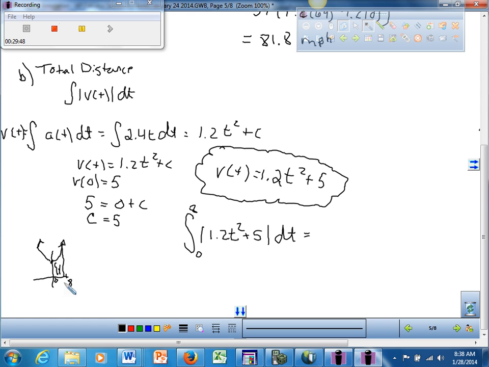You see that? Okay. So if we had a case where it went like this, and I want total distance traveled, I want to count this distance right here as a positive. Let's call that A, let's call this B, and this C. So I would do the integral from A to B, minus the integral from B to C to make that a positive value, plus the integral from C to whatever.